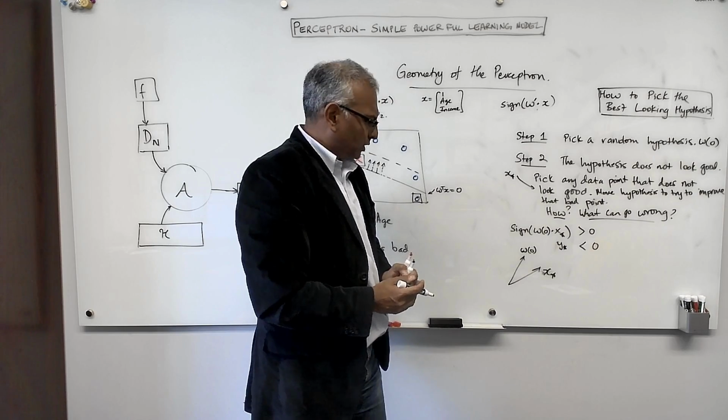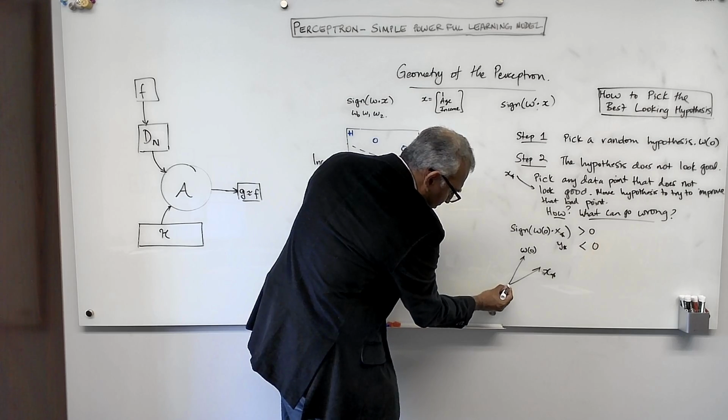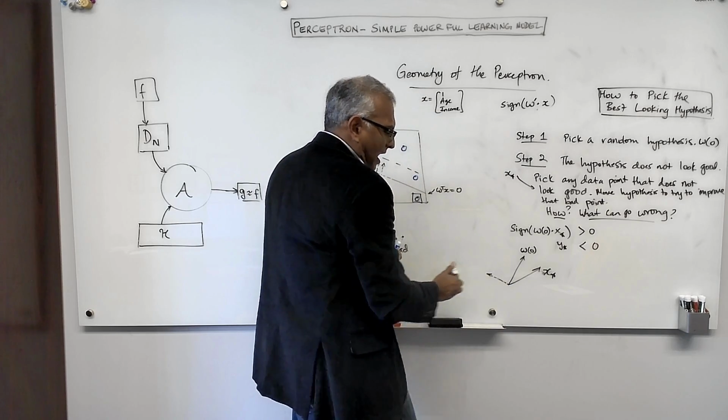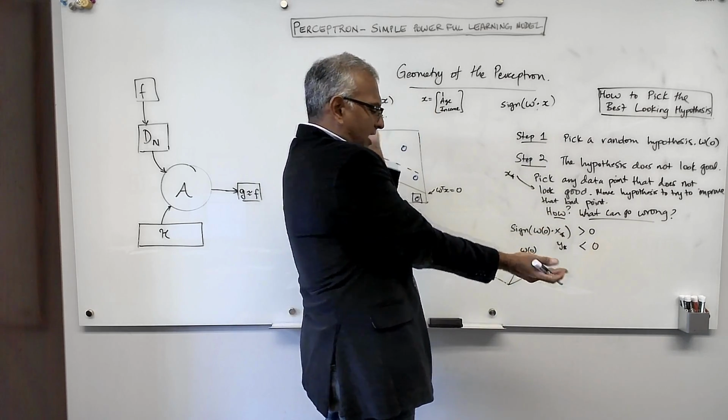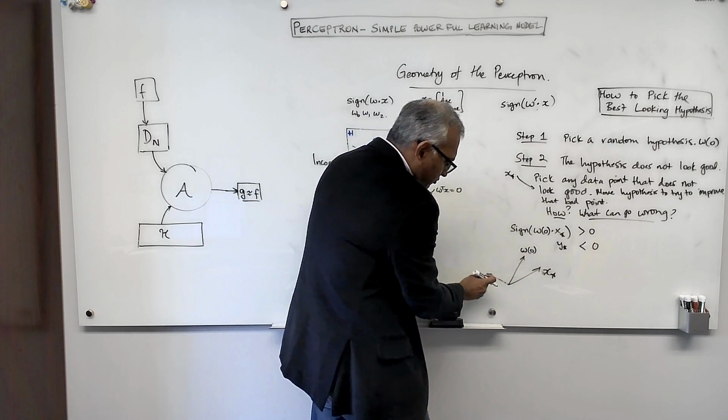What we would like to accomplish is to get W0 to be something like this. Now they are misaligned and the dot product will be negative. But how do we get W0 to become something like this?